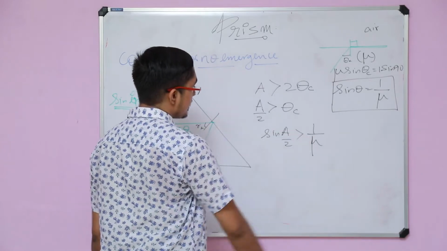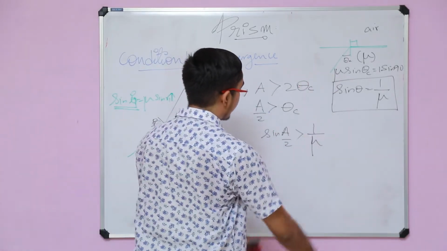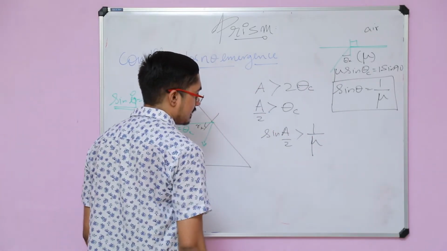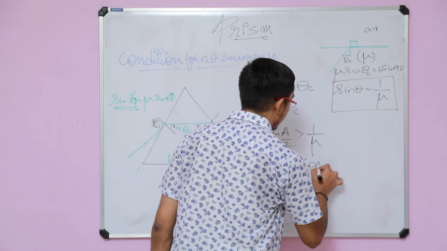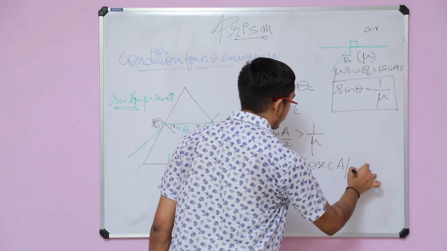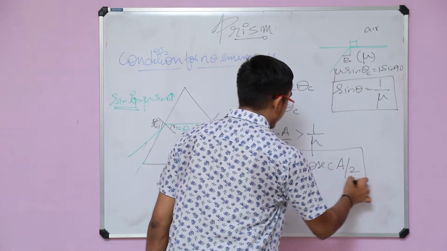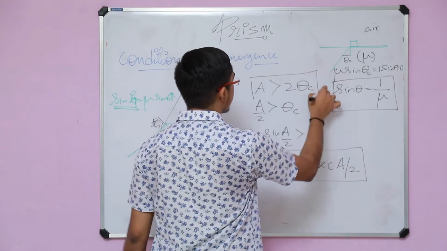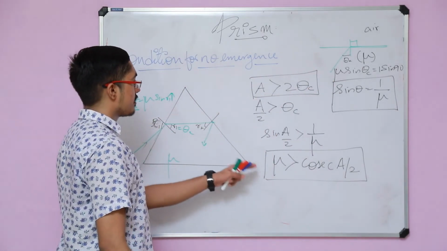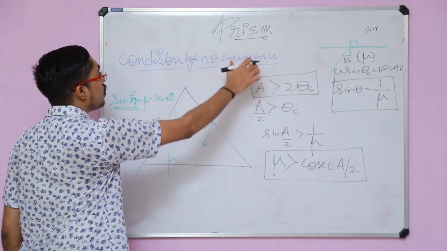So, if you just rearrange this, you just take the reciprocal of that and you will get mu is greater than cosec A by 2. So, this is the condition for no emergence, right. These are the two important equations you need to remember for the condition for no emergence.